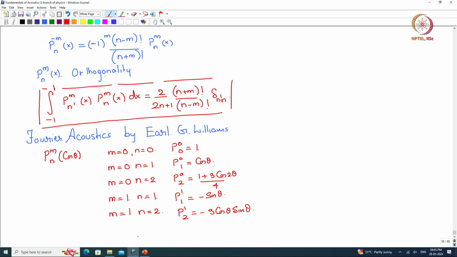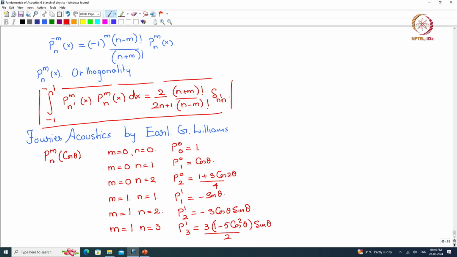And if m is still 1 and n equal to 3, P 1 3 looks like 3 times 1 minus 5 cos square theta, sine theta, by 2, and so forth.